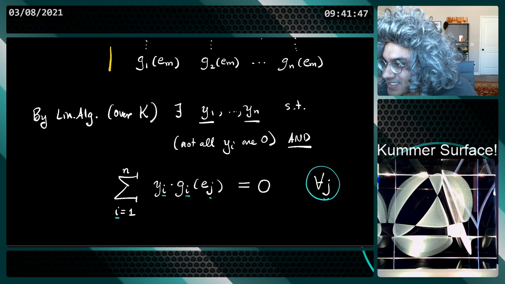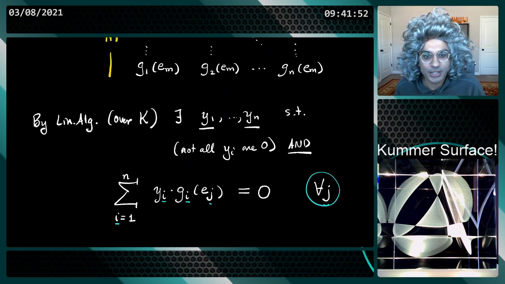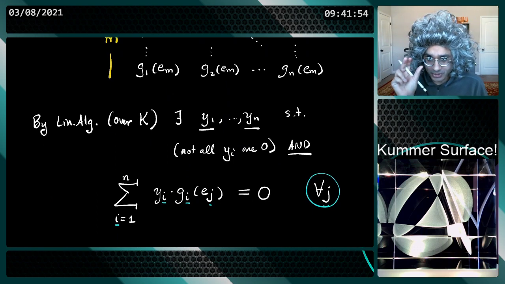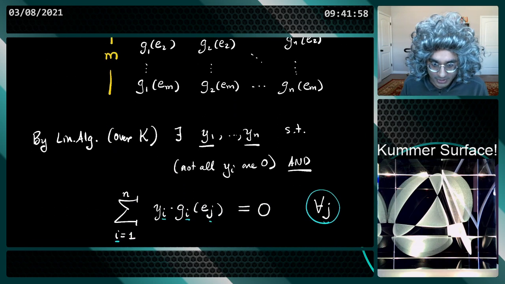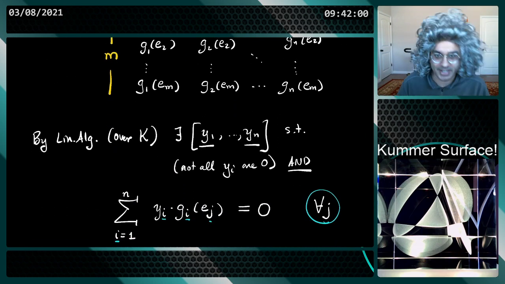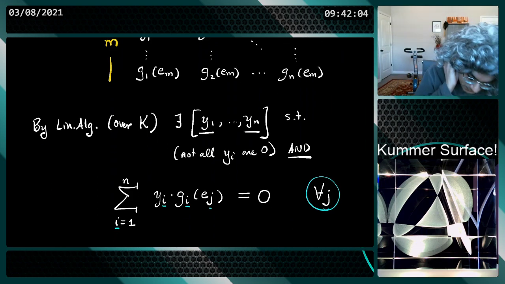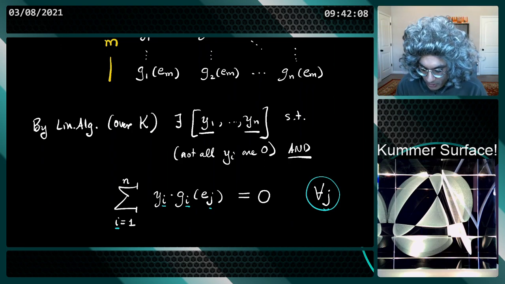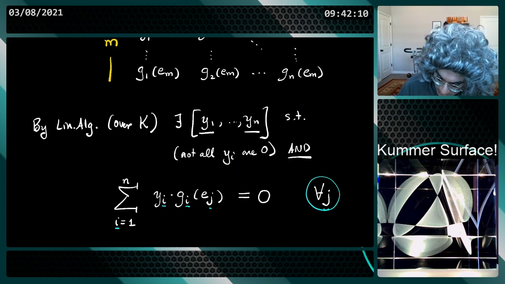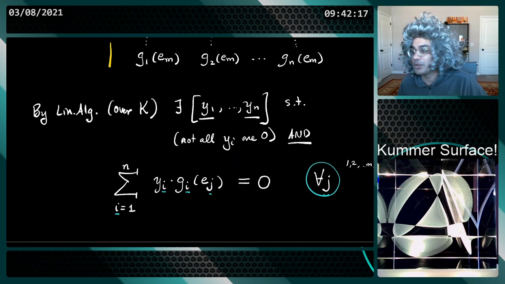All right, in other words, you get this solution vector of this matrix: matrix times vector equals 0. This particular solution vector is non-zero. And this is true for all j varying from 1 to m. It's simultaneously true.